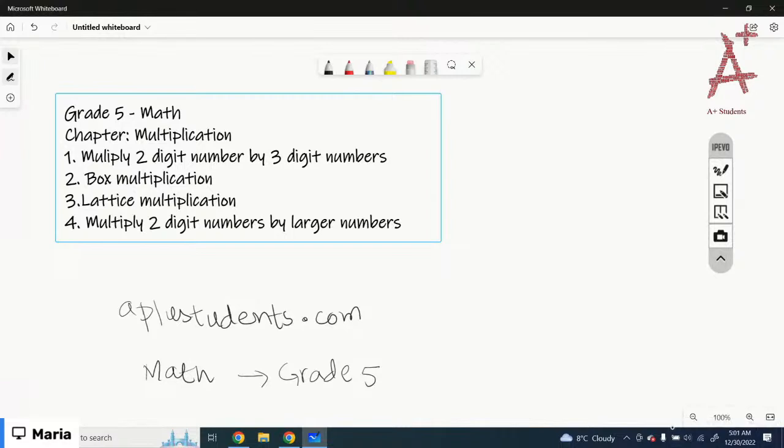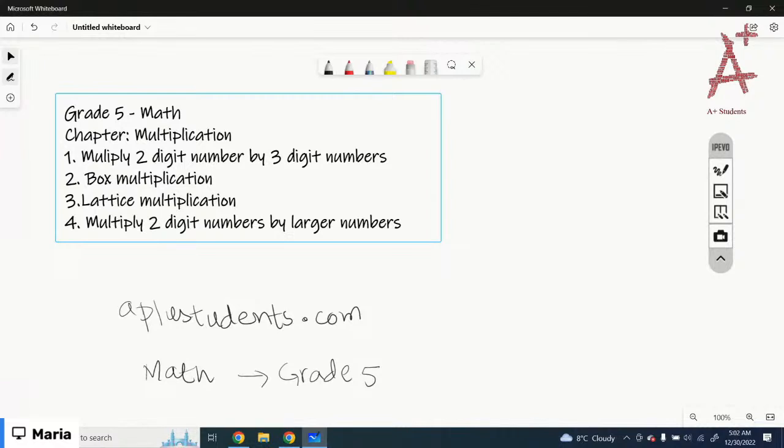So here is the list of the lessons we are going to cover today. They are: multiply two-digit number by three-digit numbers, box multiplication, lattice multiplication, multiply two-digit number by larger numbers. Got it? So let's start with the first lesson. Let me write down the lesson name, then we'll start. Please make sure you have your notebook and pencil so that you can note down the important examples and definitions in your notebook.